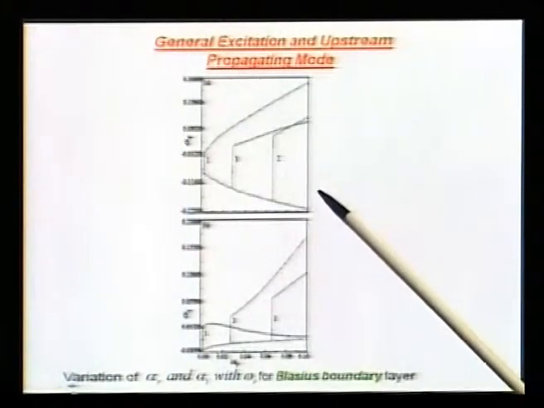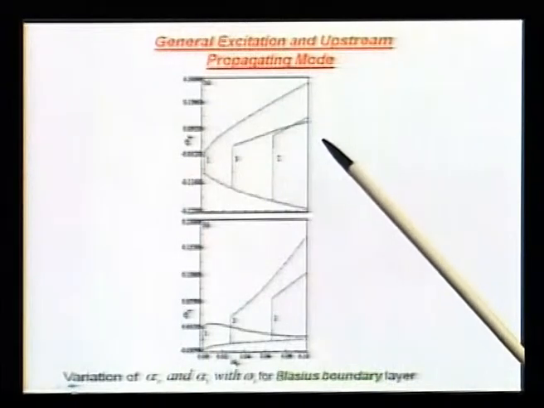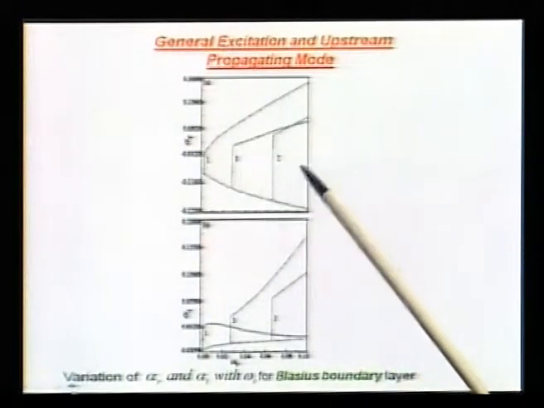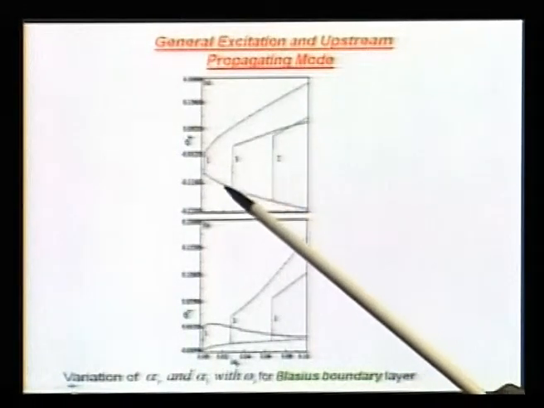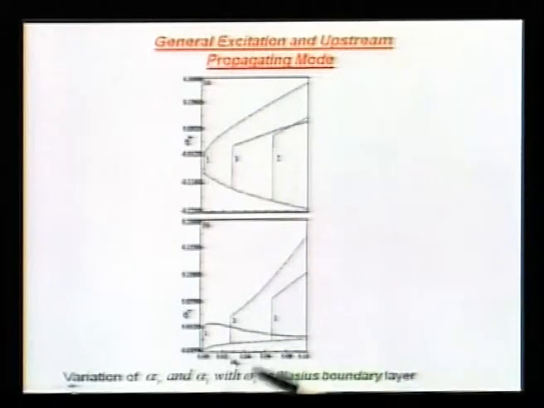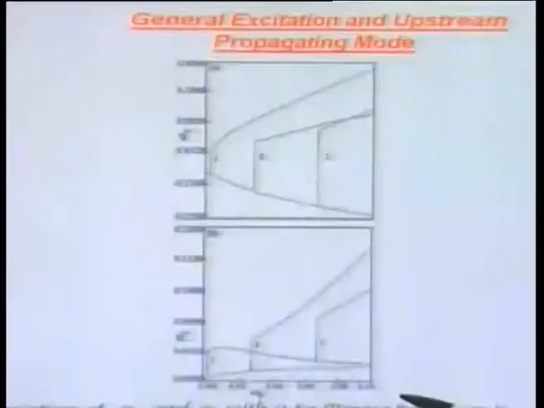We know there are 3 eigenvalues: 1, 2 and 3. Please note that there is an alpha r equal to 0 axis. On this side you have positive, below you have negative. That is the value we have obtained for omega r equal to 0.1.